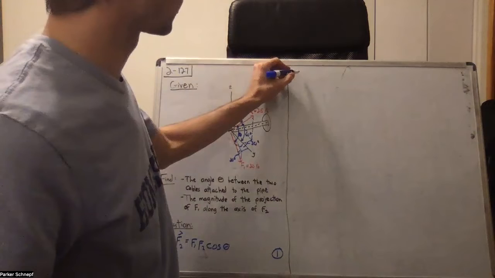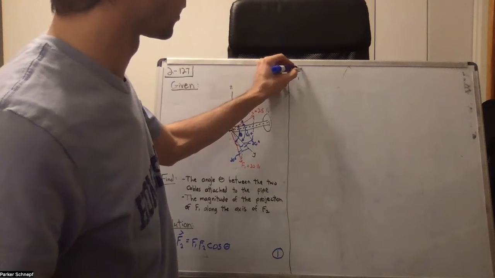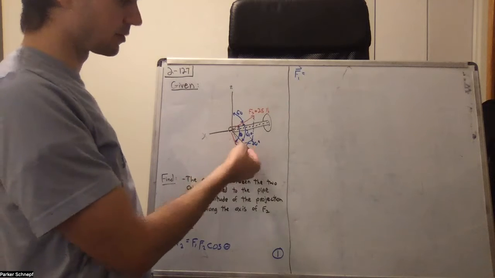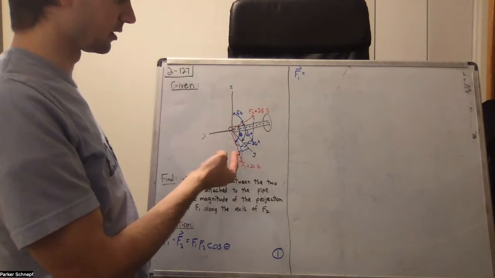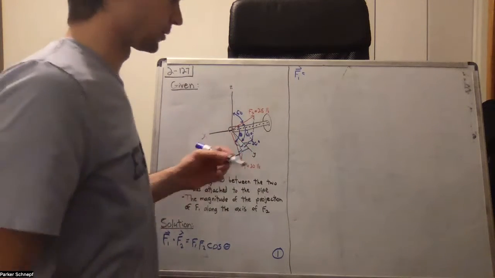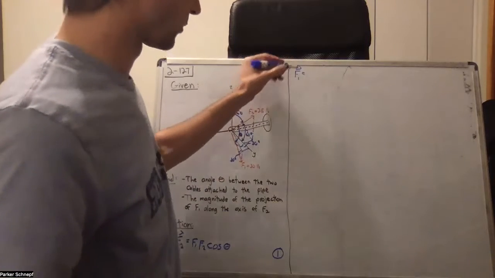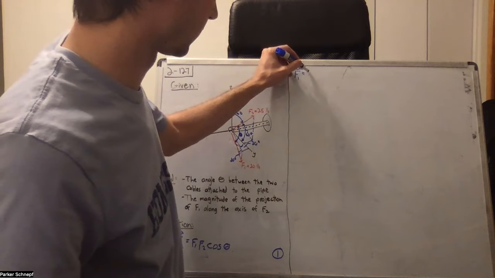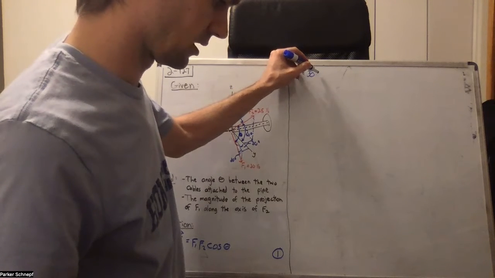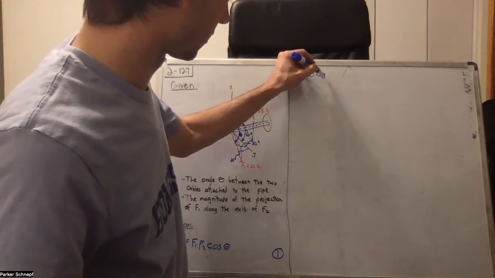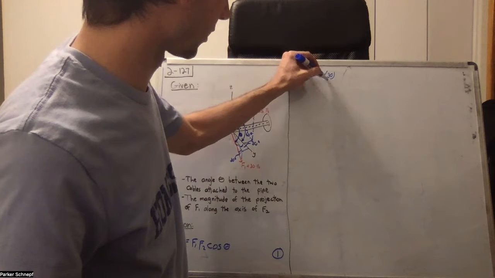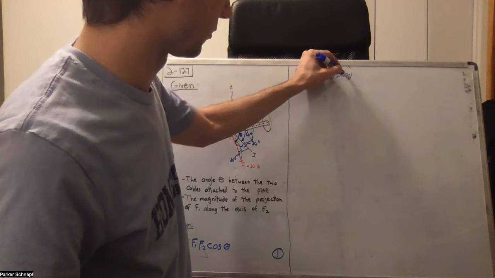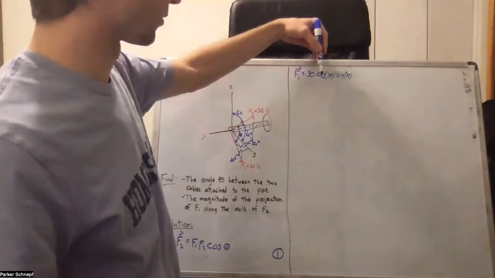Like I said, we're given the azimuth and elevation angles for this. In this case, both of those angles are 30, and the azimuth is being measured off the y-axis. So when I set this up, F1's x component is going to be the magnitude, which is 30, times the cosine of 30, which projects it into the xy plane, and then times the sine of 30, because the azimuth is measured from the y-axis.